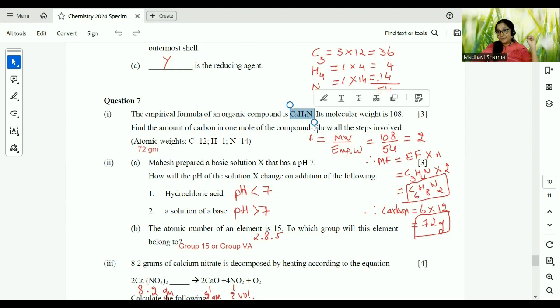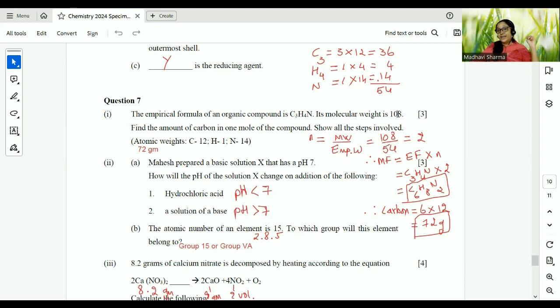This is the compound's empirical formula. So C3 is 3 into 12, here carbon is 12, so 36. H4 is 1 into 4, which is 4. N is 1 into 14, which is 14. Total comes to 54. n, that is the number of atoms, is MW, molecular weight, upon empirical weight.